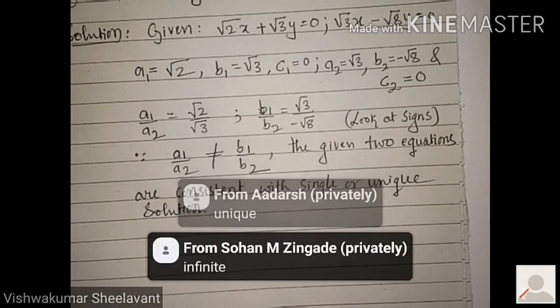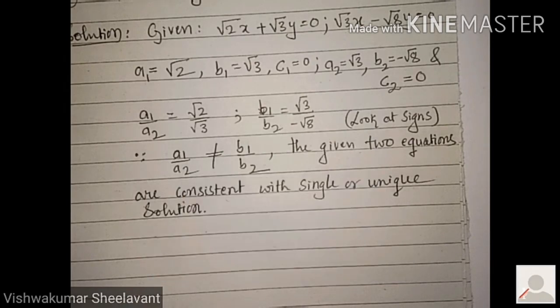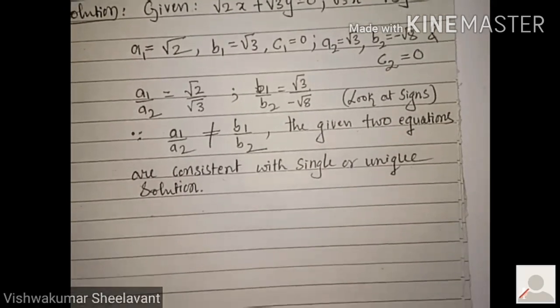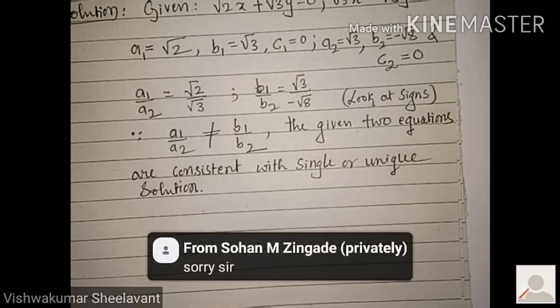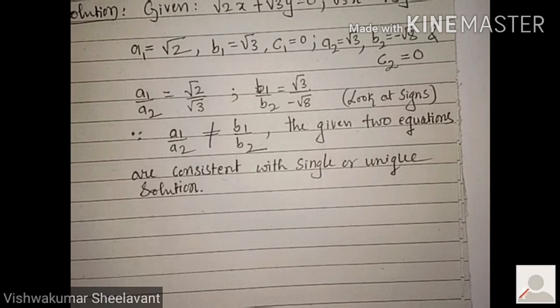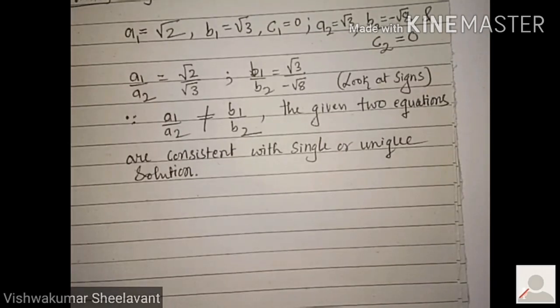My God, someone says infinite. I am sorry. If A1 by A2 equal to B1 by B2 equal to C1 by C2, then you will have infinite solutions. Sohan, don't hurry.